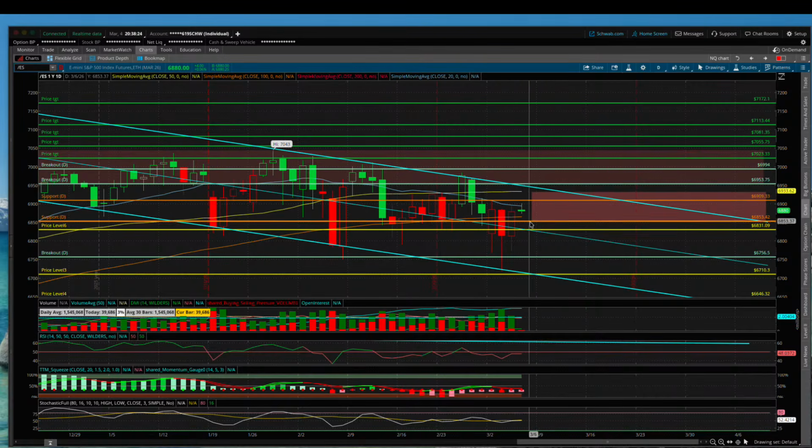Even if we do break out and push into this zone area, there's nothing to say that some big headline news could come out, trap people here, and then we fall right back straight down. Okay, so I'm obviously going to be cautious. I'm going to play what I see, but I'm also going to be cautious in this environment.